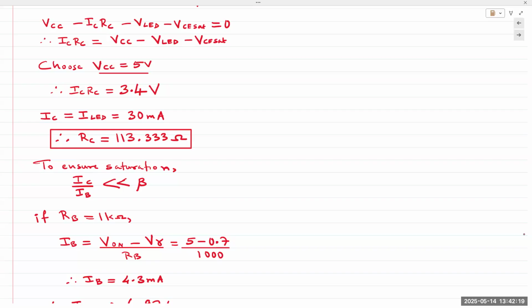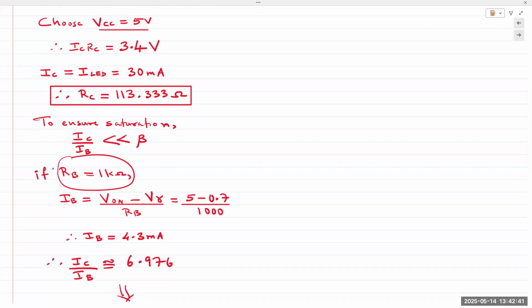So we don't want it to leave that region. We don't want it going back into the active region. And so to ensure that it remains in the saturation region, IC must be large, which means IB must be large. And to ensure that IB, the base current, remains large, we choose RB with an appropriate value.